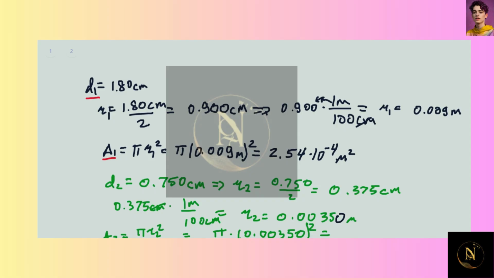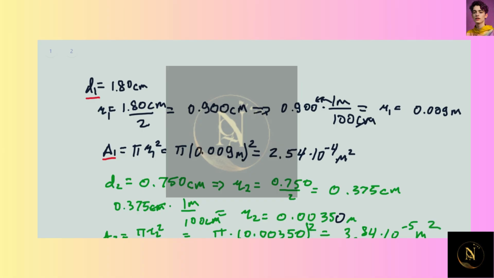Let's do that computation really quickly. And then our answer is going to be 3.84 times 10 to the negative 5 meters squared.